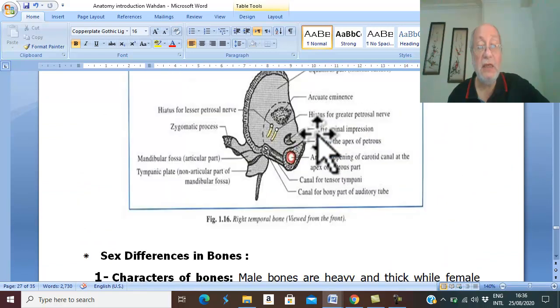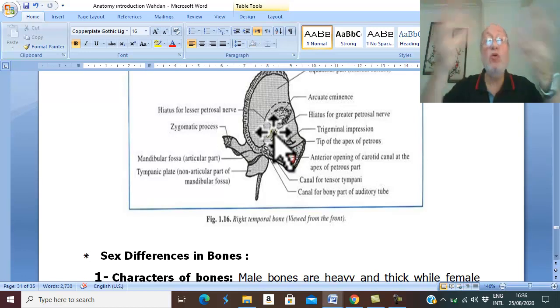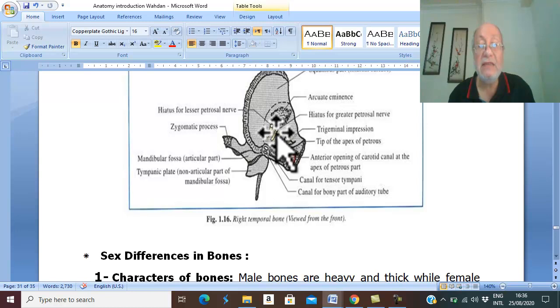This is part of a skull, and here there are two openings. These are called hiatus. Where is the other opening for this passage? Hidden inside the skull. Therefore, if there is a narrow canal or passage with one end seen and the other end hidden, this is called hiatus, like this hiatus in the skull.